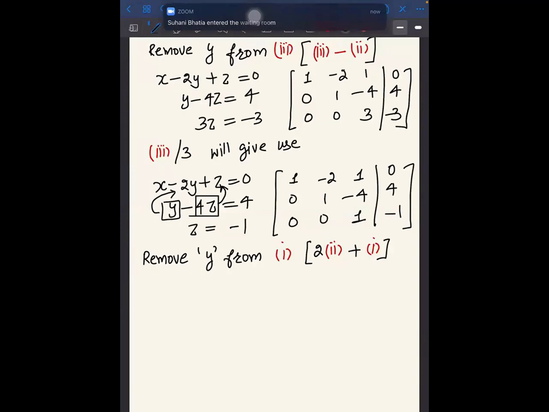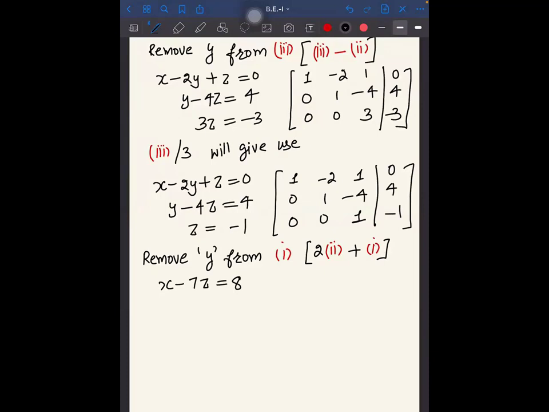And you multiply 4 by 2, and this 0 will be now your 8. So in result we're gonna get x minus 7z is equal to 8, y minus 4z is equal to 4, and z is equal to minus 1.